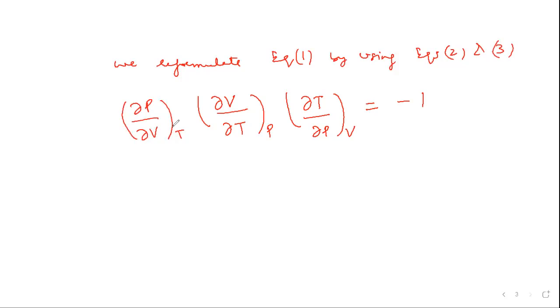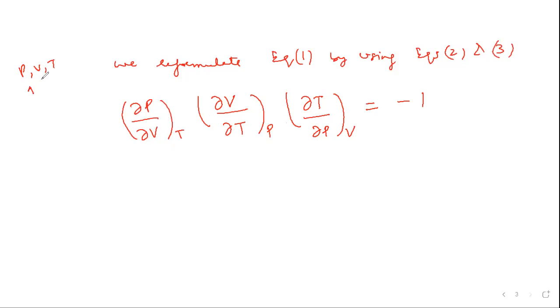So dou P by dou V at constant T times dou V by dou T at constant P times dou T by dou P at constant V is -1. So it is simple.